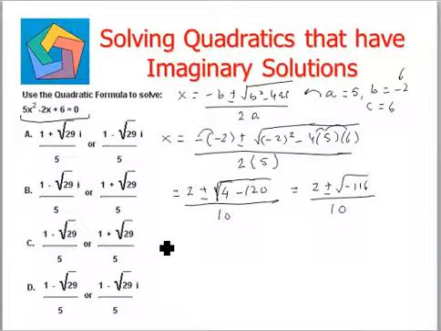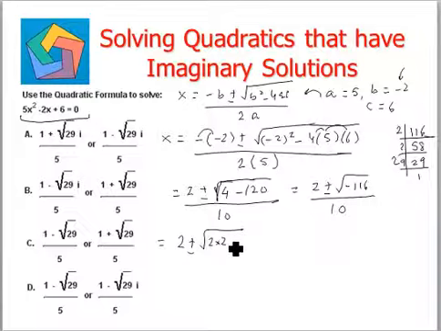This can be written as, 116 can be factored, let's see how we can do it. 116 divided by 2 is 58. 58 divided by 2 is 29, and 29 goes like this. So 2 plus or minus, this can be written as the square root of 2 times 2 times 29 times negative 1, divided by 10.